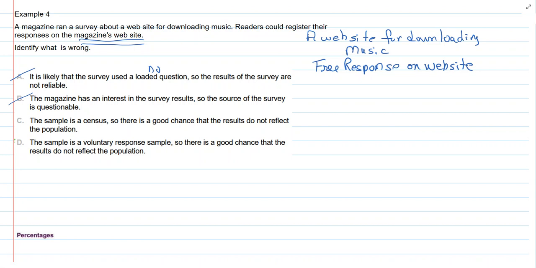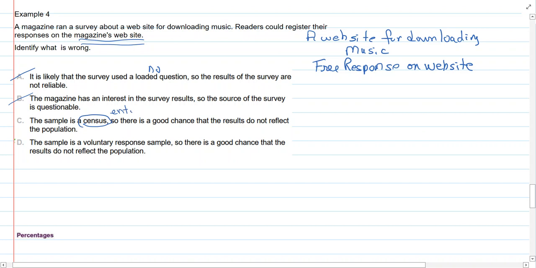The sample is a census. Census means that we have the entire population. And we can't assume the magazine subscribers are all readers.